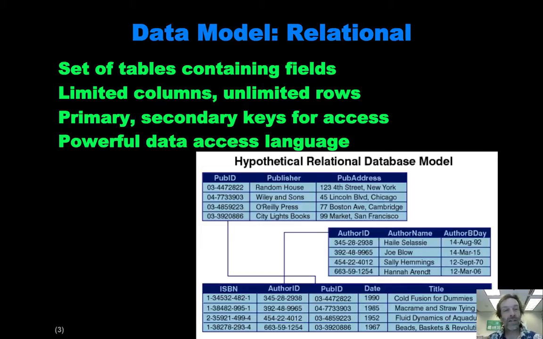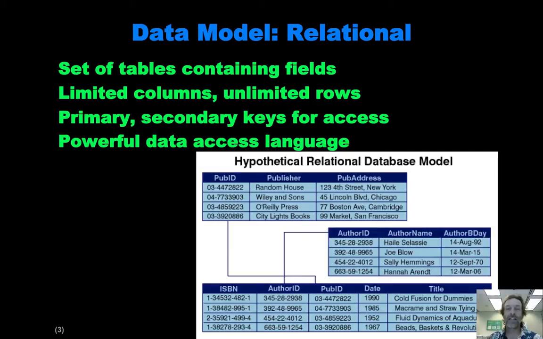Just briefly, as I'm hoping all of you are already quite aware of, the relational data model consists of sets of tables. You have a limited set of columns, but an unlimited number of rows. And you use things like primary and secondary keys to access. You also have a very powerful data access language, as well as abilities to preserve the so-called ACID constraints.